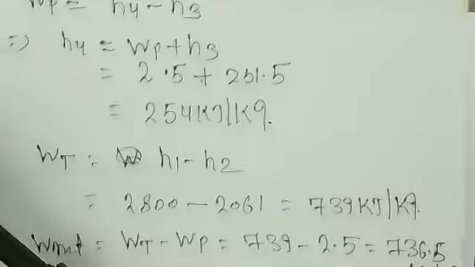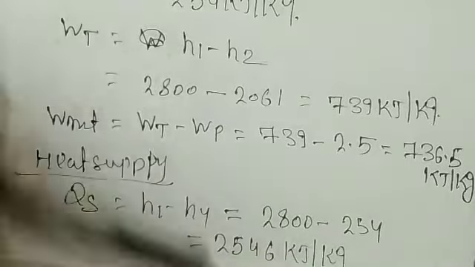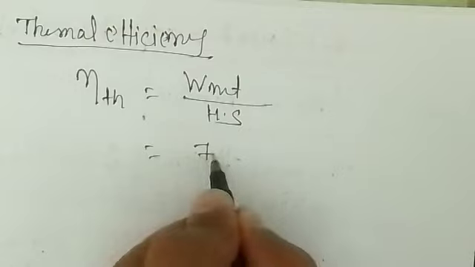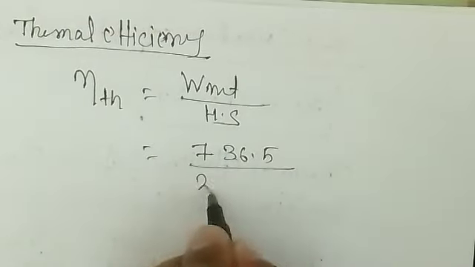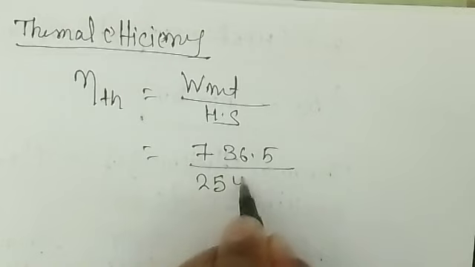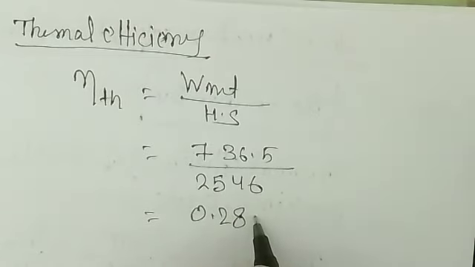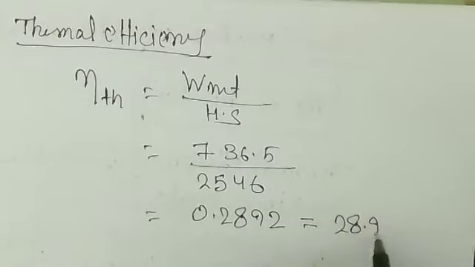So W net is how much? We got the W net, 736.5, and the heat supplied is 2546. So we will substitute 736.5 by 2546. You'll get the thermal efficiency, which is 0.2892, right? Or you can say 28.92 percent.